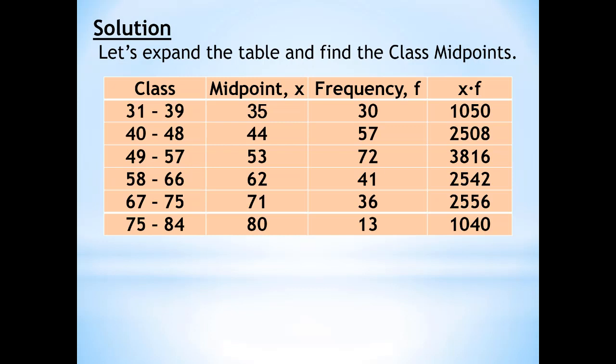We're supposed to add up the frequencies. They add up to 249. We add up the x times f's, which add up to 13,512.